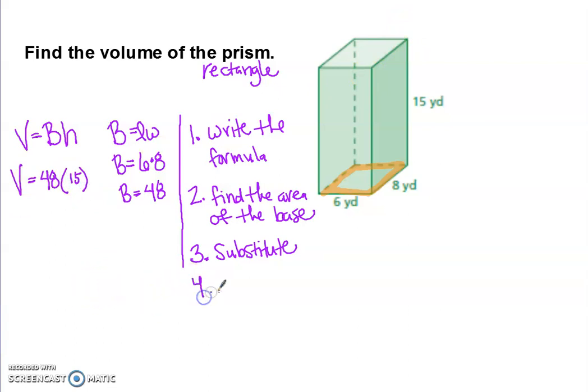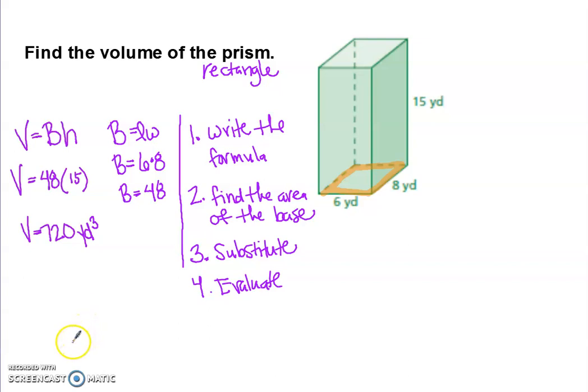The very last step is to evaluate our equation now. Feel free to use a calculator. 48 times 15 is 720. And this is a volume, so we're going to use cubic yards. Yards cubed.